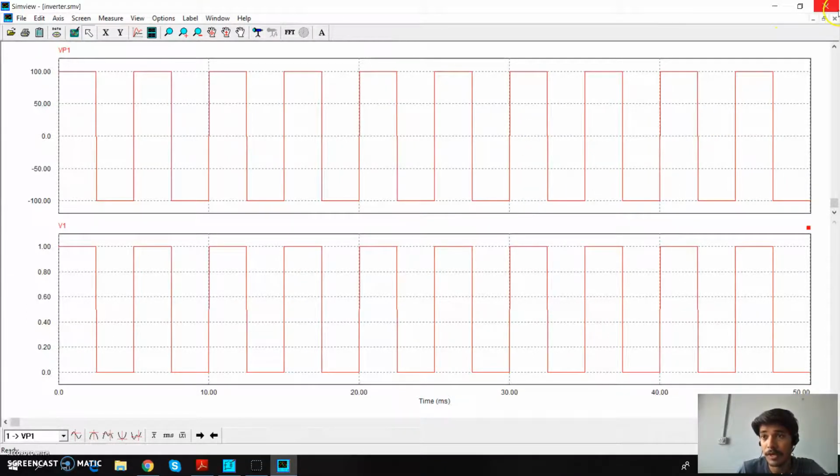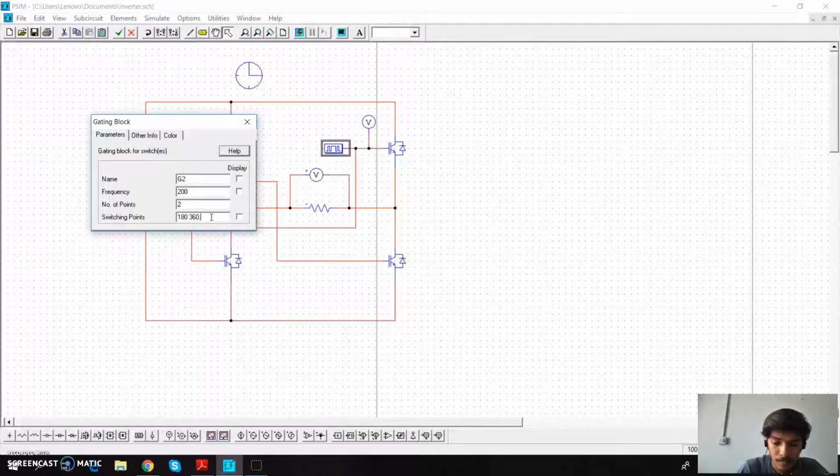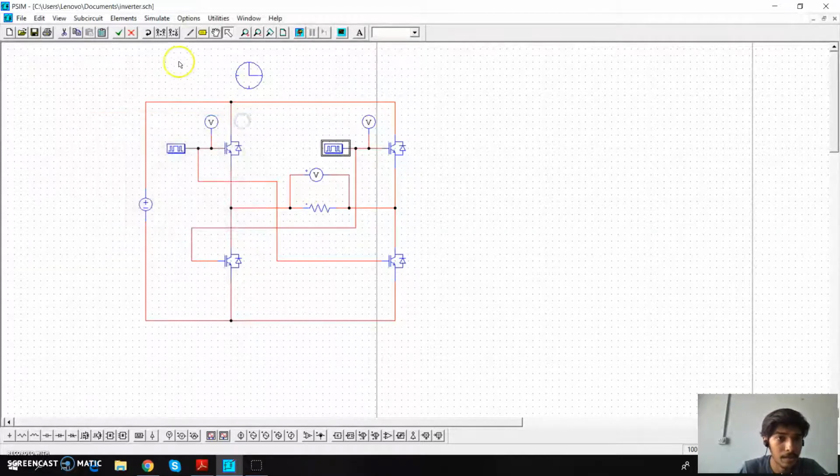Now if we change our duty cycle, suppose I make it again 25%, then we will have a different RMS value.